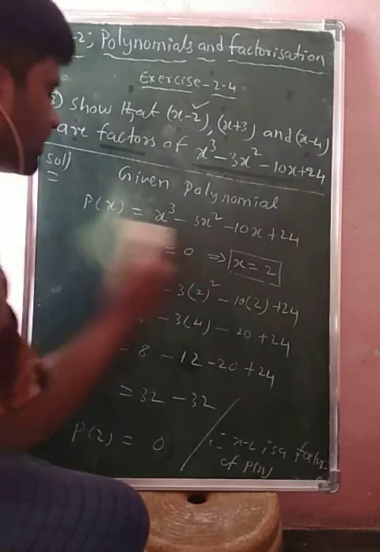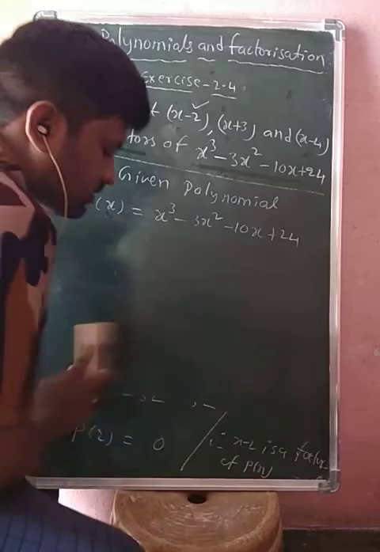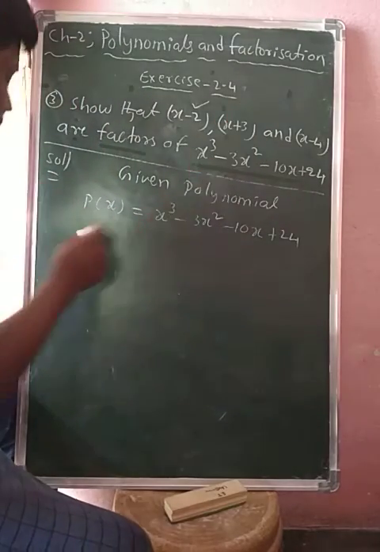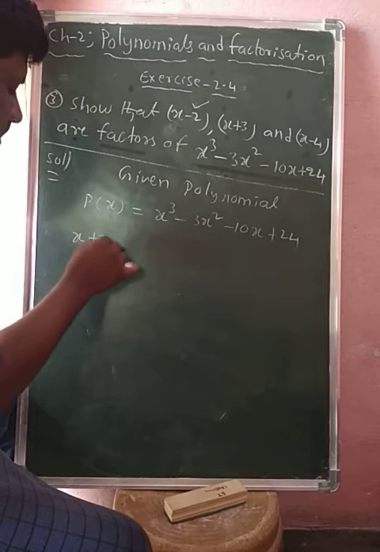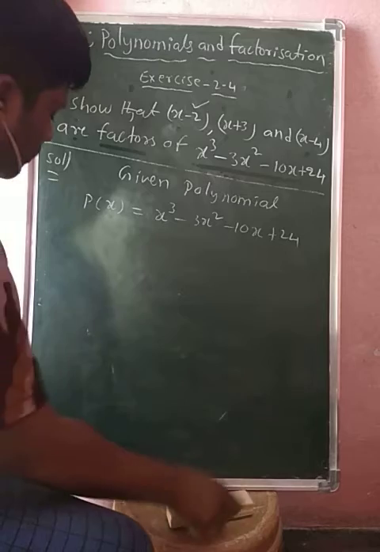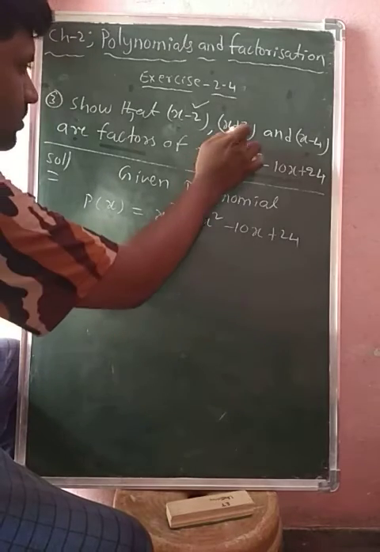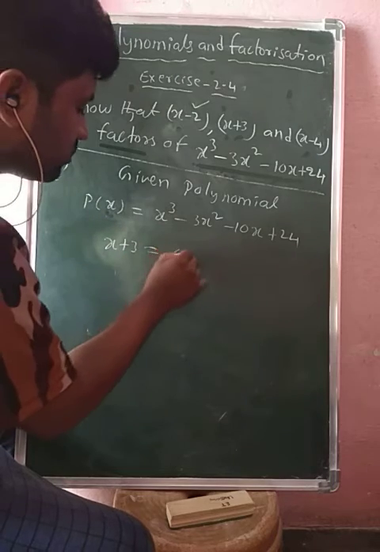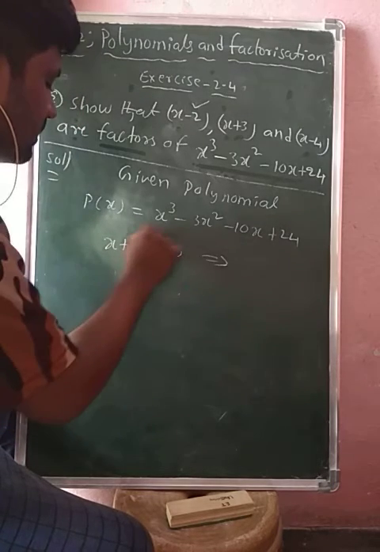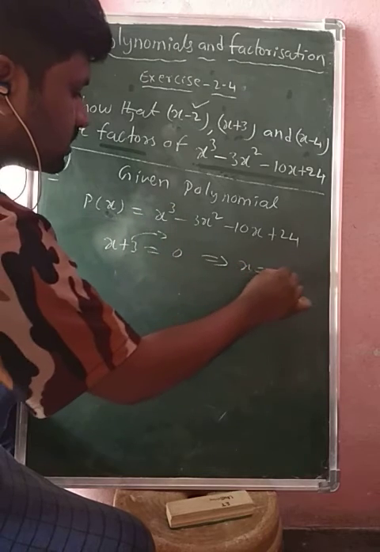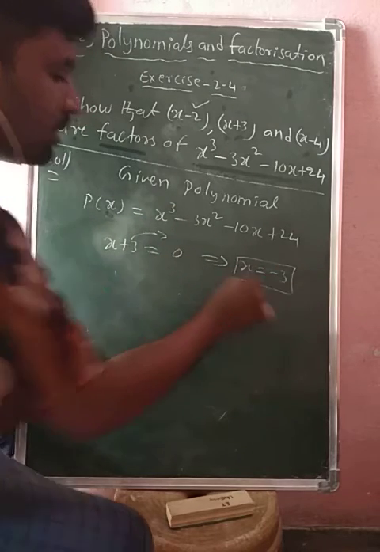Then go for the next one, and in the same manner, what is the next one given? x plus 3. Now what is the factor? The given divisor, that is x plus 3. That also I am equating to 0. Then 3 is transposing to the RHS side, we get x is equal to what? Minus 3.